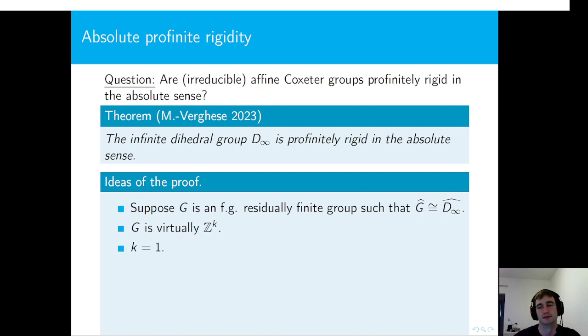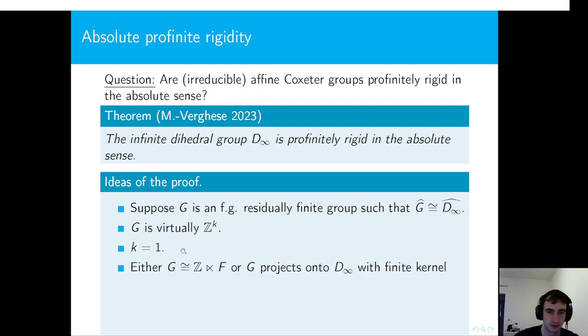And then we know a lot about groups that are virtually Z. There's a lot of research done on those guys. And essentially, there are two cases for groups that are virtually Z. Either they look like a semi-direct product, where now this F, the finite group, is normal, or this group already projects onto D infinity with finite kernel. And now again, we can reuse arguments that we already used.